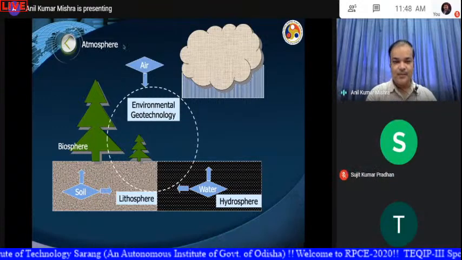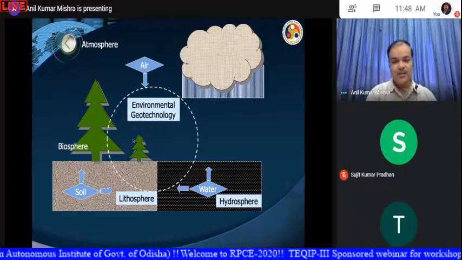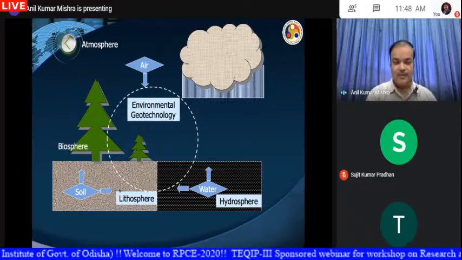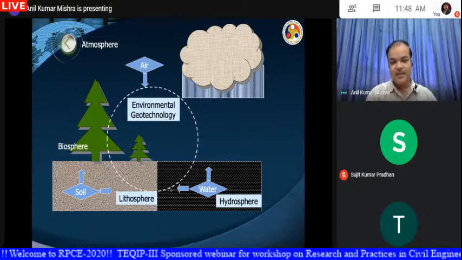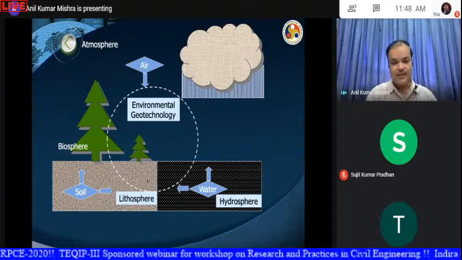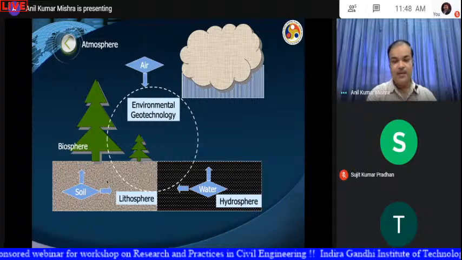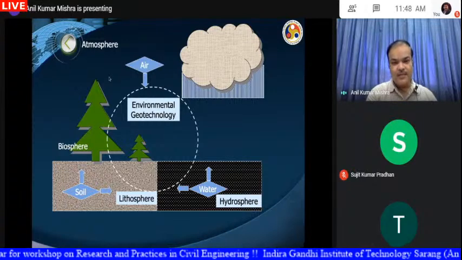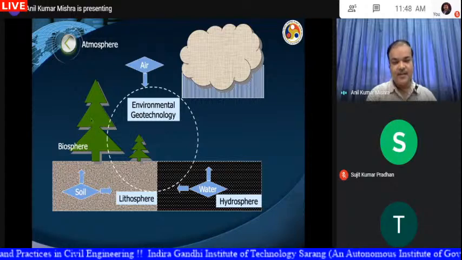This is the atmosphere, the biosphere, where we live and the plants grow. The other part is soil, where the plants grow and which is below our feet. The other part is water, which is above the ground or maybe inside the soil.